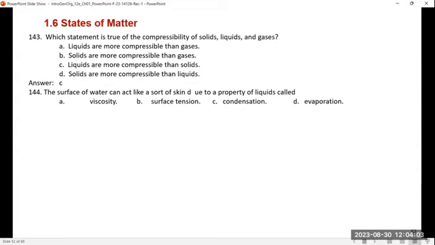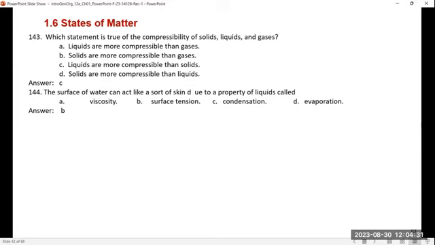Viscosity is the ability to flow. The higher the viscosity, the slower the flow. Condensation is gas to liquid. Evaporation is liquid to gas. Surface tension is the property that gives rise to the surface of water behaving as a skin.